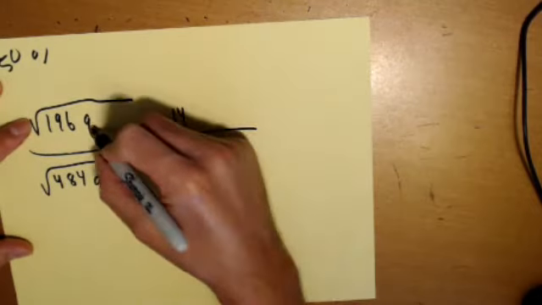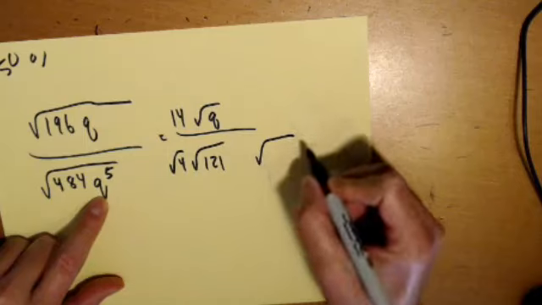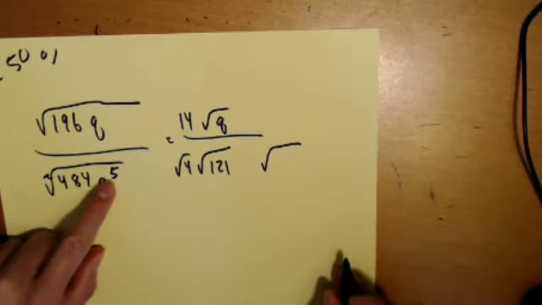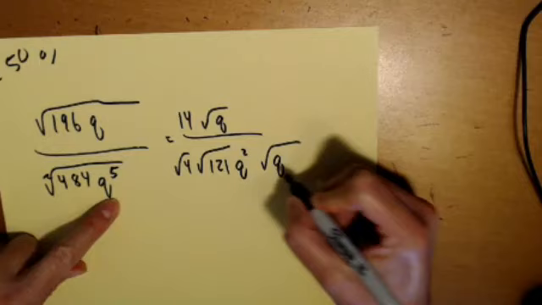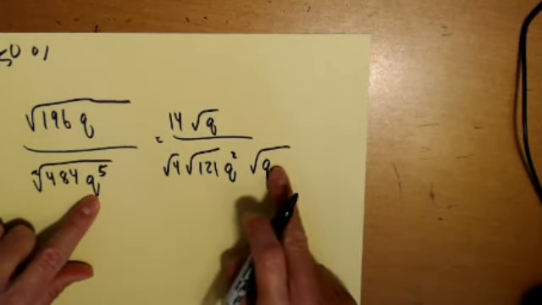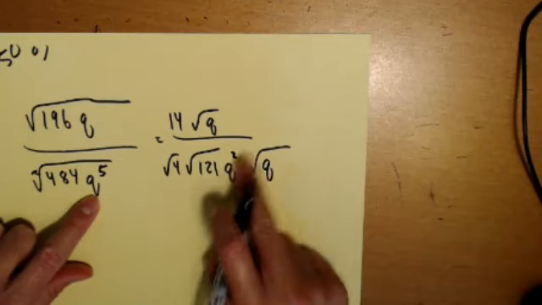And then 484 is rad 4, rad 121, Q to the 5th. So it's a square root, right? There's a little 2 here. So how many chunks of 5 can I take out? 2. And who's left under? Just one of them. Make sure that makes sense. So the square root of Q to the 5th becomes Q squared root Q. Make sure you're cool with that.